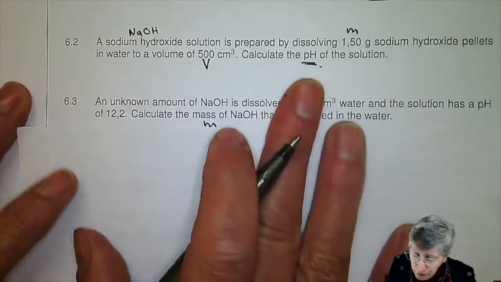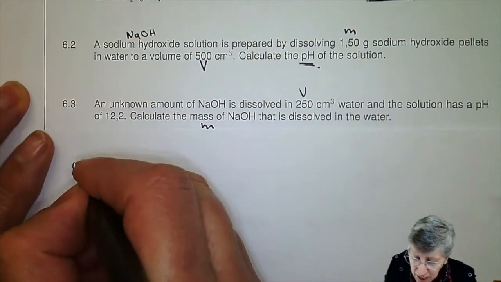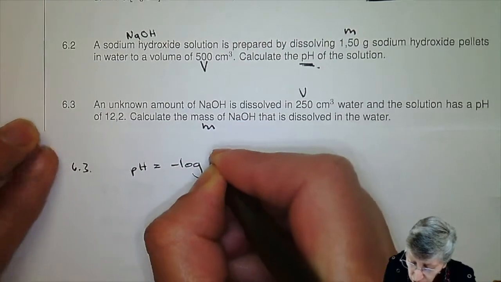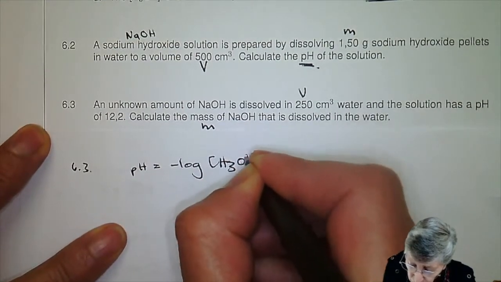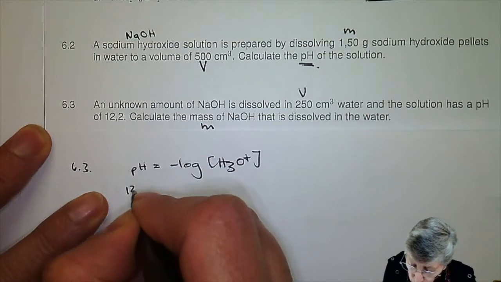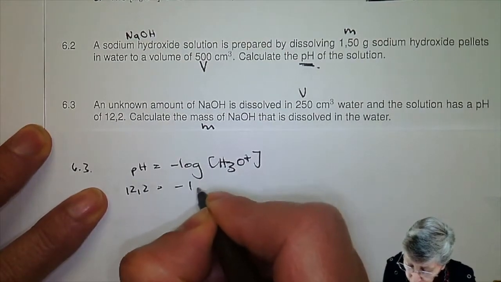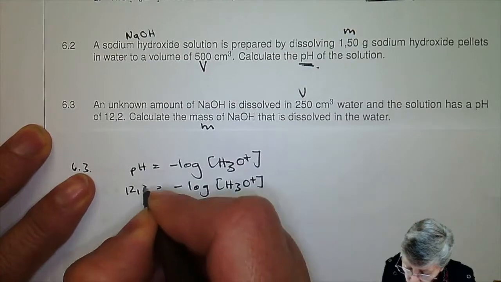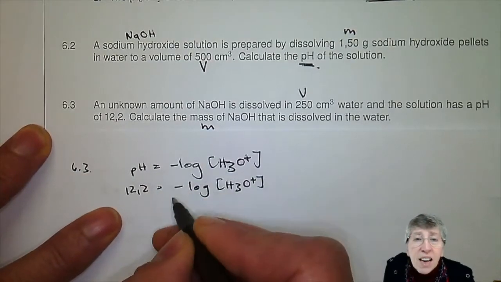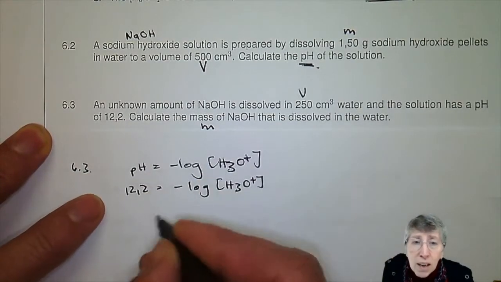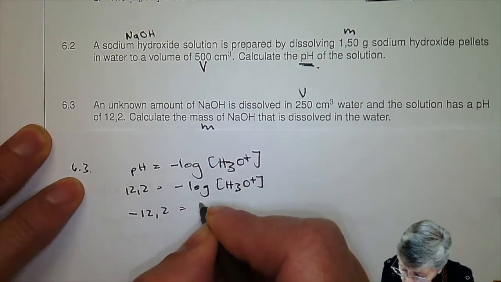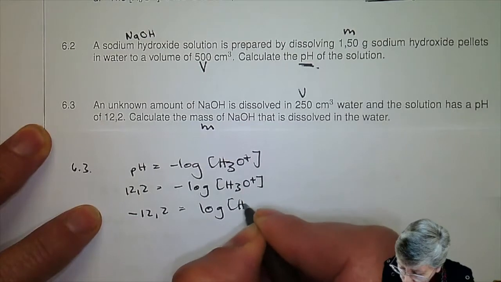Now, when you start with pH, we'll say 12,2, pH is negative the log of the H3O plus concentration, and that is now 12,2. Right. How do I get rid of that minus? I take it over to the other side, multiply on both sides, then I have minus 12,2 is log of H3O plus.